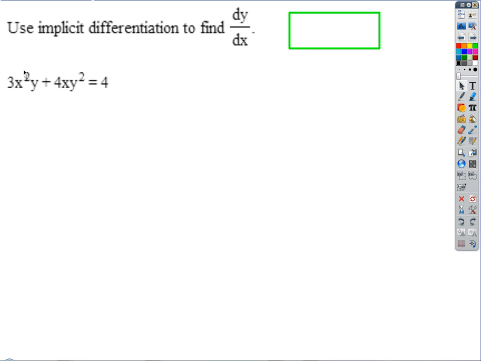So that's what's nice. I always know that I'm just going to get y primes to the first power, and so they're always going to be easy to isolate on one side, right? So let's just collect our thoughts and go through one of these.